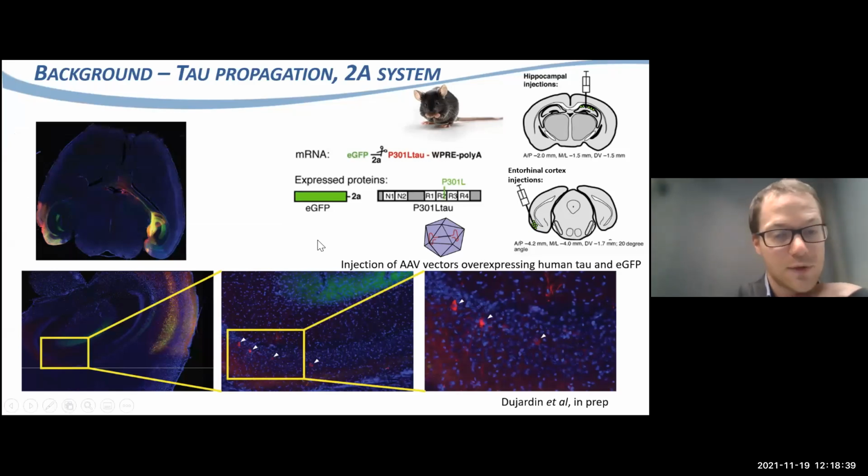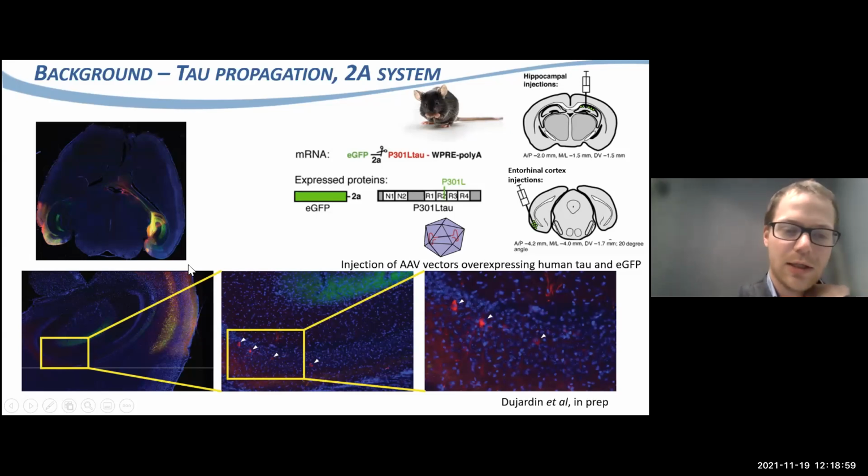When you look at images, for instance, you have here a mouse that was injected in the hippocampus with this construct, and here in the entorhinal cortex. So one injection on one side in the entorhinal cortex and the other side in the hippocampus.